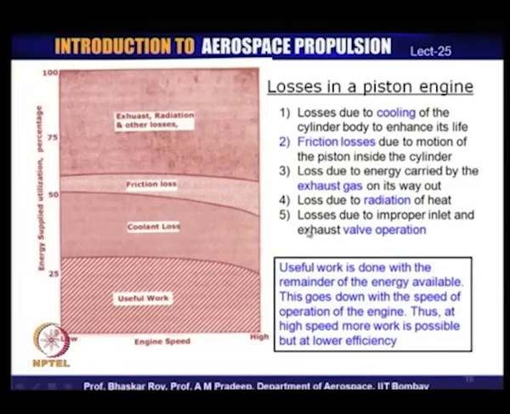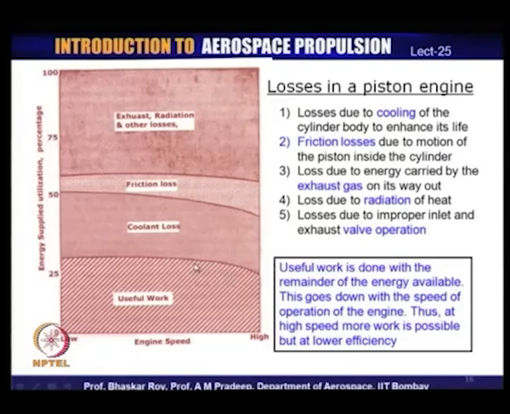A certain amount of losses are due to improper inlet and exhaust valve operation. So, when you put all of these mechanical functions of the engine together, we find that the useful work actually is a small amount, a little more than 25% of the energy that is produced through the burning of the fuel. So, only 25% of the energy is finally available as useful work, and it goes down a little with the speed of operation of the engine.